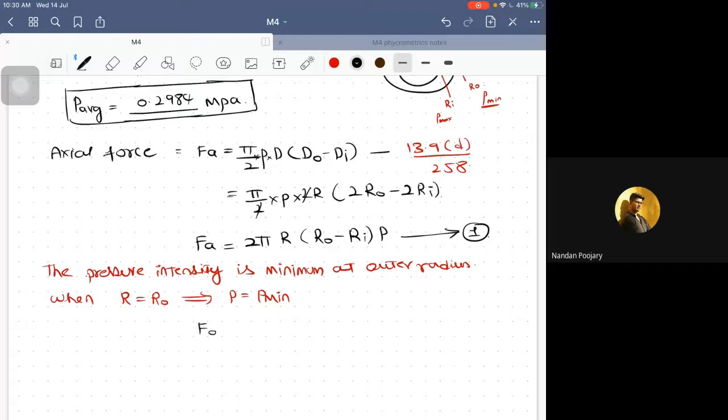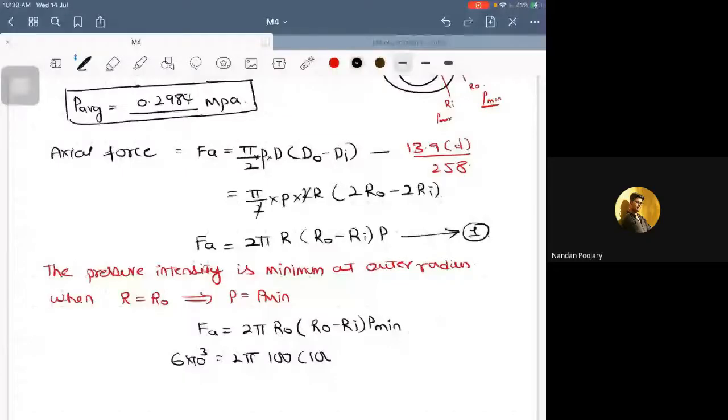Fa is equals to 2 pi R when R is equal to R naught, and P will be nothing but P minimum. Please do substitute all the things and get the value. So it is 6 into 10 to the power of 3 is equals to 2 pi, R naught value is 100 minus Ri is 60 into P minimum.